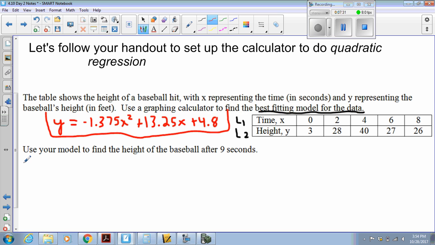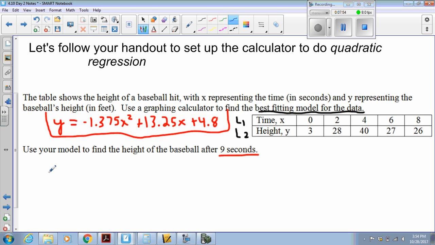Now, for the second question, it says, use your model to find the height of the baseball after 9 seconds. So what we're going to do is we're going to take this 9 seconds and we're going to plug it in every single time we see x. So basically, we are evaluating the function. We are trying to get our y value. Remember, y represents height.